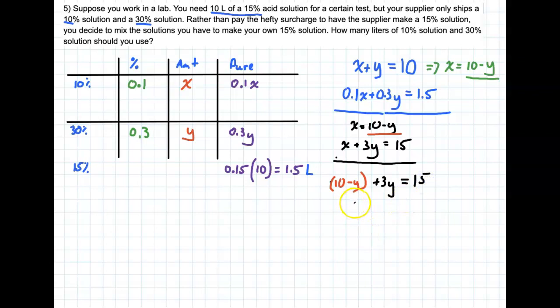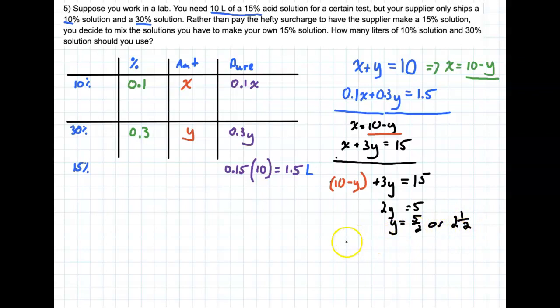So if I subtract 10 from both sides, this is going to become 5 here, and so this is going to be just 2y is equal to 5. So y, this seems weird, y equals 5 over 2, or 2.5. Well, not too weird because we have 1.5 liters of acid, right? And so here we've got 2.5 liters of one mixture. So that doesn't seem odd that would happen.